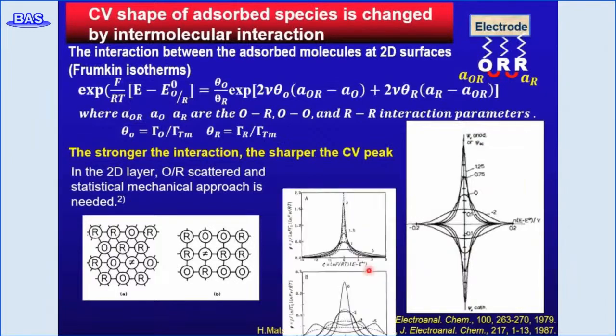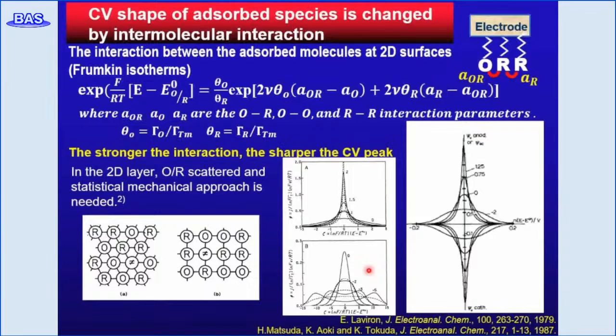In a molecular SAM film on a surface, it is theoretically predicted that when intermolecular interactions are present, the electrochemical response of the CV shape will be different.